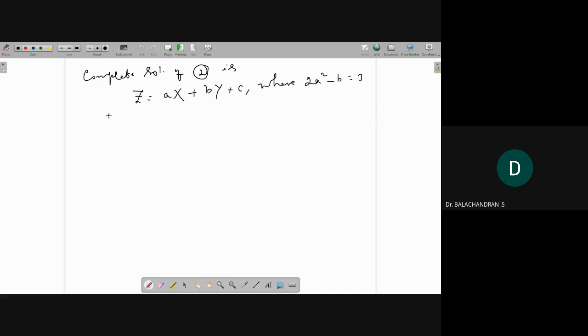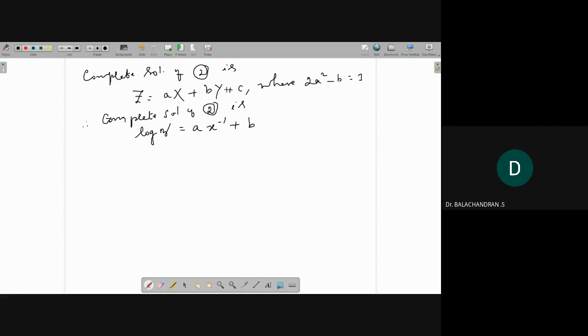Now, what is the substitution we gave? Therefore, the complete solution of equation 2 is capital Z equal to, what is the substitution for capital Z? Log z equal to A into capital X, which is x power minus 1, plus B into capital Y, what is capital Y?